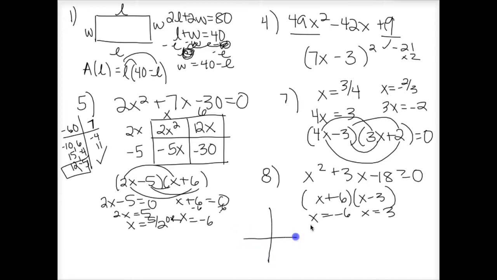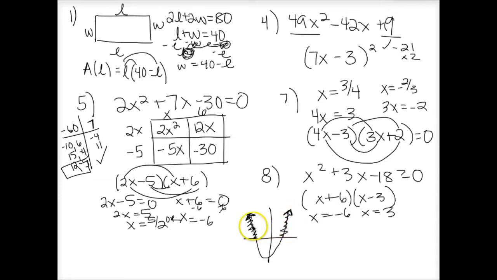So this parabola opens up, and these are its x-intercepts, negative 6 and positive 3, so it looks something like this. You don't have to draw a graph, just a rough sketch because it's part of your work. Greater than 0. The part of this parabola greater than 0 is here and here, because that's the part bigger than 0 above the axis.